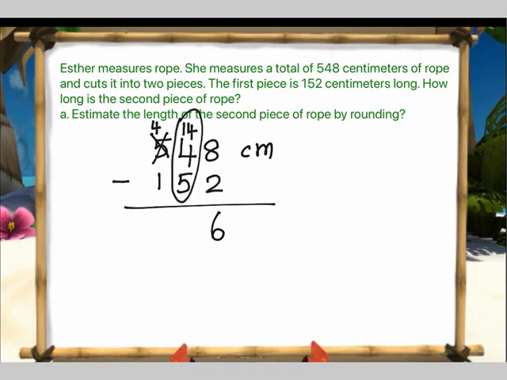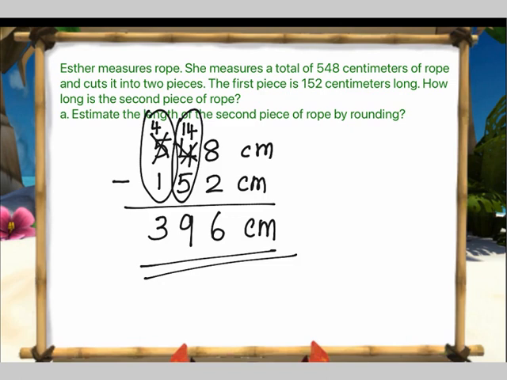So now let me subtract 14 tens minus 5, the answer is 9, and then 4 minus 1, the answer is 3. So let me write the unit centimeter. So the answer is 396 centimeters. 396 is the actual length of the second rope.